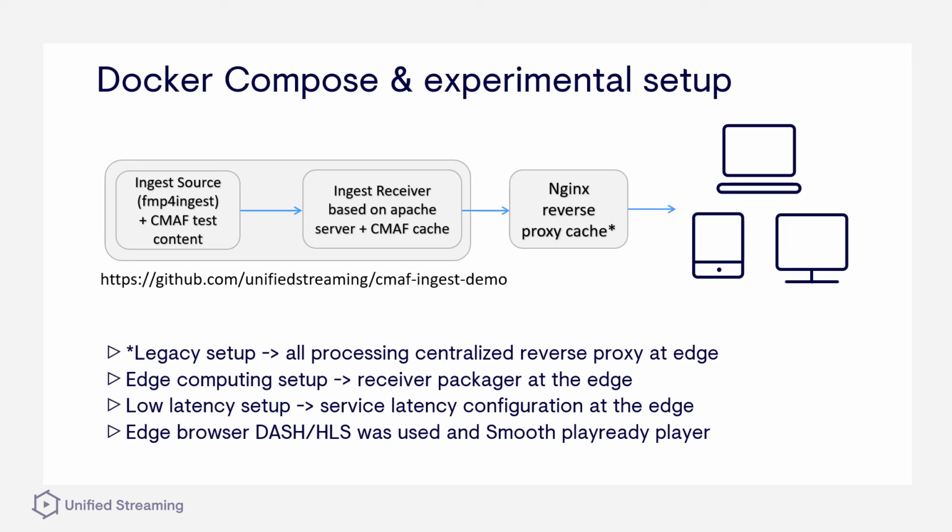While in the edge computing setup, we move the ingest receiver to the edge cloud. The same goes for the low latency setup, where it's also possible to configure the service latency at the edge. In our setups, this is not part of the Docker container setup, we use the Edge browser, DASH and HLS support, and the Smooth PlayReady player to emulate the different receivers.